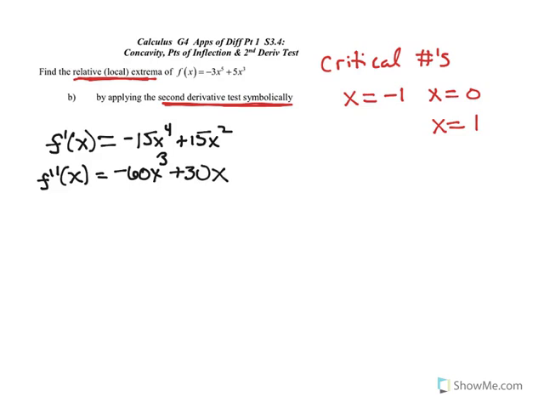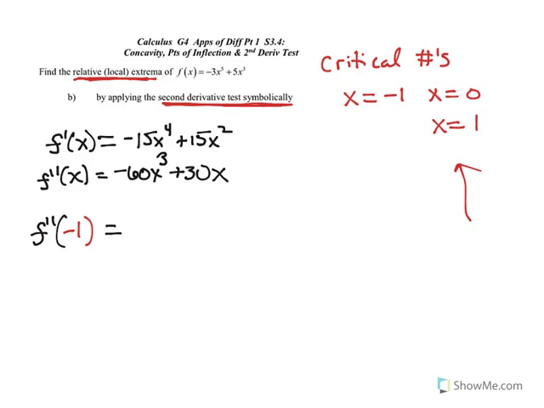And what we're going to do is we're going to test our critical values into the second derivative and see what the curvature is. So we're going to do f double prime. What we're going to put into f double prime is one of our critical values. So we'll put in -1, one of the critical values.